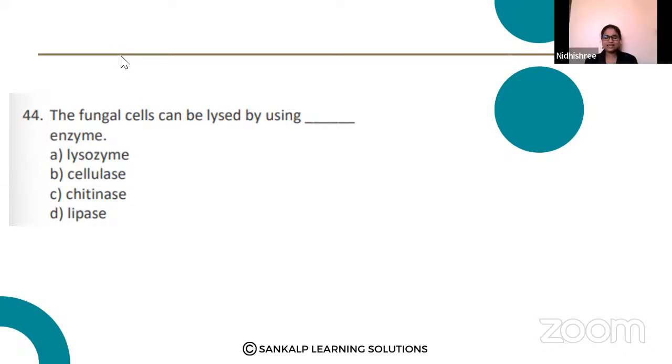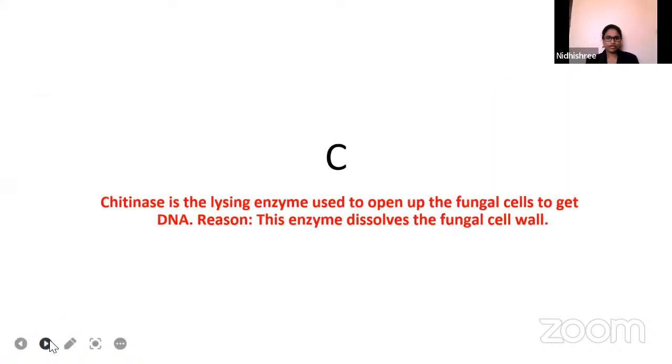Soumya, Lohit and Kanchana Raj answered option C. Some of them have confusion because it is related to lysozyme, but they are asking about fungi. Option C, that is chitinase, as the cell wall of fungi is made up of chitin. So chitinase is the lysing enzyme used to open up fungal cells.